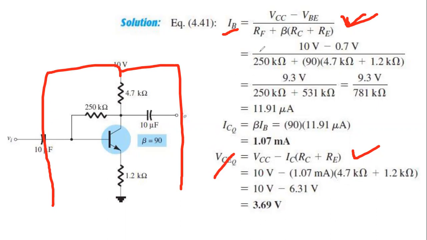They have given these equations directly, but we will not apply them directly. We will apply KVL on the input and output sides and find these equations by mathematical solving, so we don't need to memorize these equations in our head.